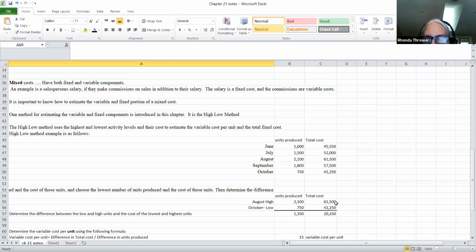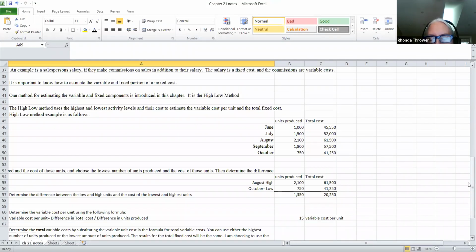We're going to also find the difference in the total cost. The highest cost was $61,500, minus the lowest cost, will give you the difference in the highest and lowest cost. The next step in determining the high-low method is to determine the variable cost per unit.